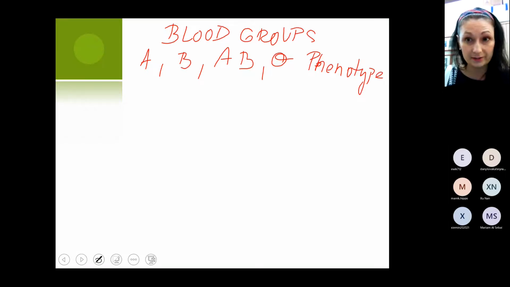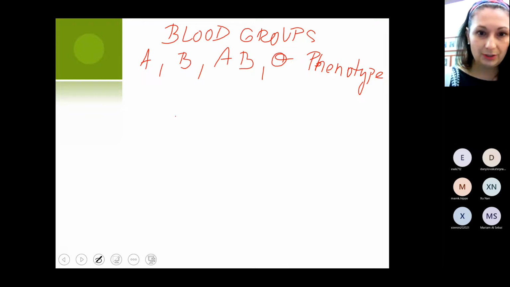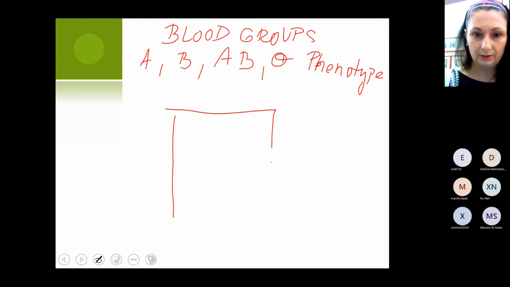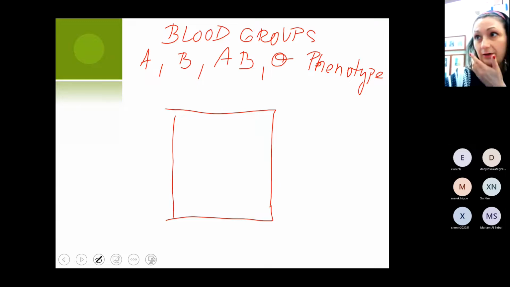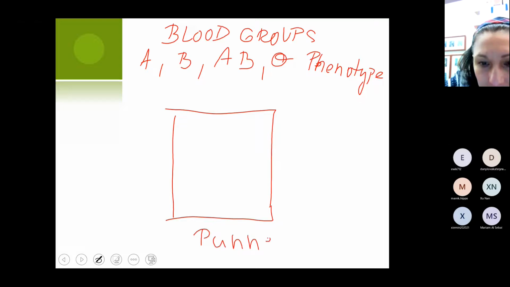However, what is behind this phenotype? The phenotype is what can be measured in a laboratory. But try to imagine a theoretical example. I am going to draw the Punnett square, like this square.